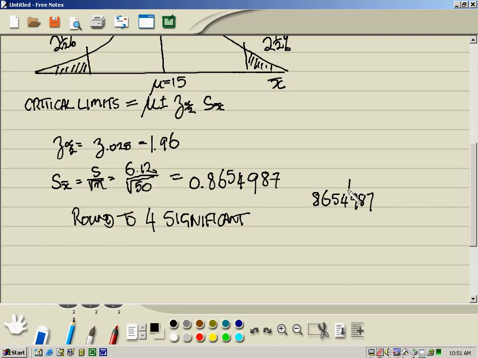So we take 4 numbers and look at the fifth. If the fifth number is 5 or above, the fourth number gets rounded up, and if it's not, we just leave it the way it is. So that number for S of x bar is, to 4 significant places, 0.8655.